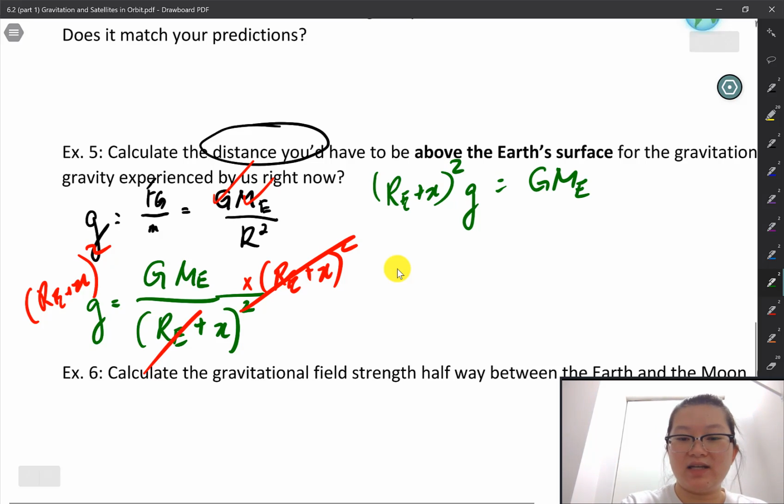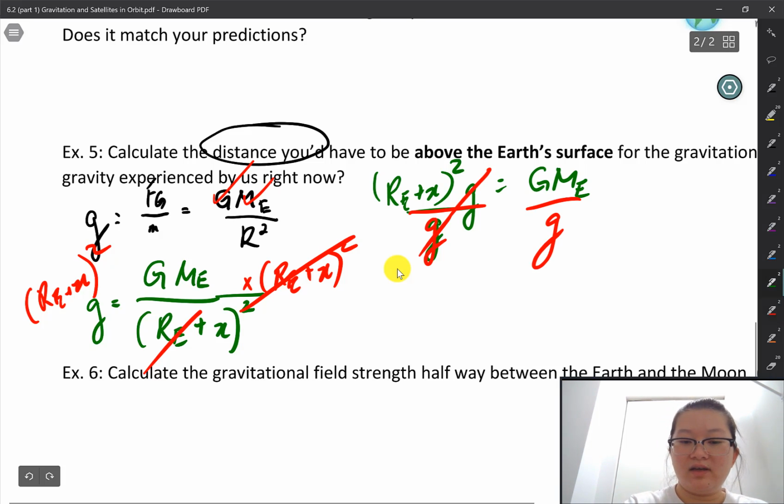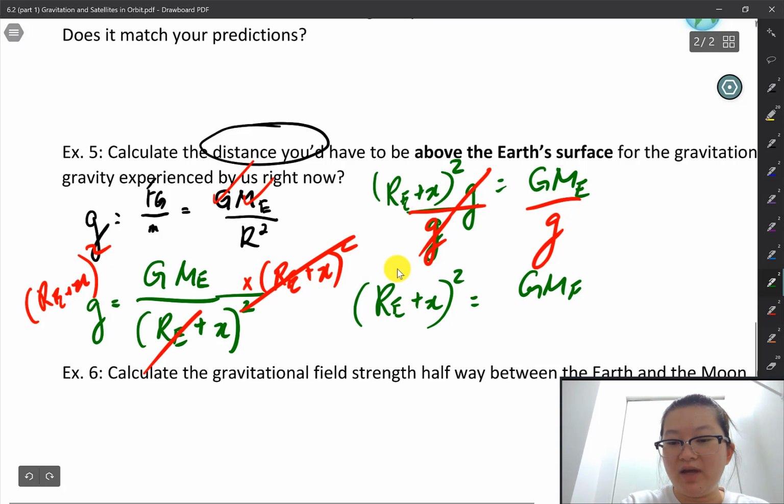I'm going to divide both sides by the g value, which we know is 1/2 of 9.81. We're not going to substitute that one quite yet. So this goes away, and we're left with (RE plus x), all of this squared, equal to big G, big M over the gravitational field.